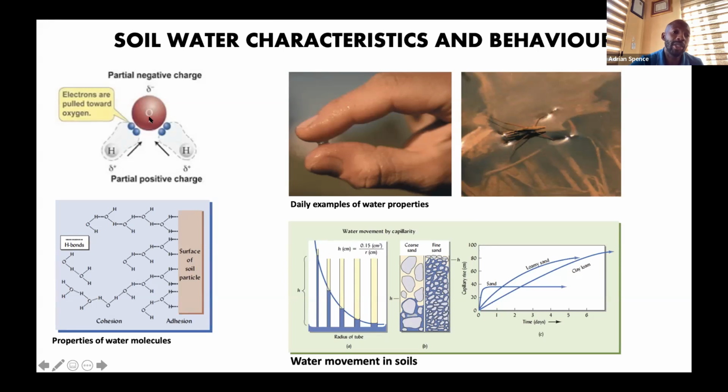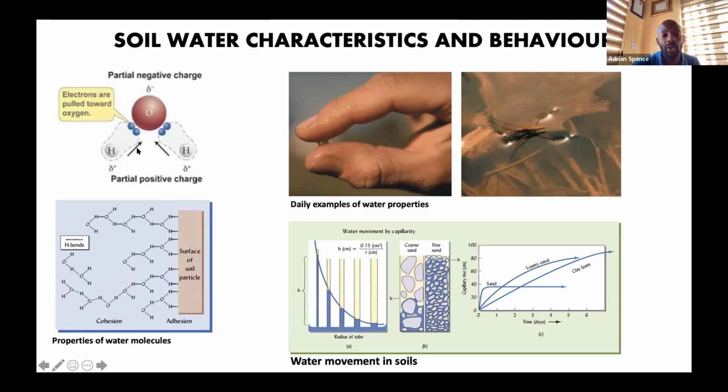So the bond between, say, this oxygen atom and this hydrogen atom will mean that the electrons are not necessarily equally shared, but they are more drawn to the oxygen atom. Now, because electrons are negatively charged, this creates a partial negative charge on the oxygen atom and a partial positive charge on the hydrogen atom.